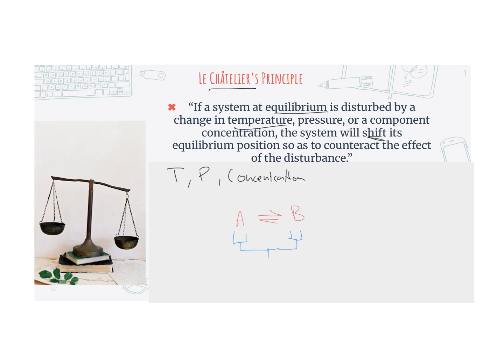What this is saying is if I push down on this, naturally this is going to go up, and so the system is going to change this side of the reaction to get everything back to normal.